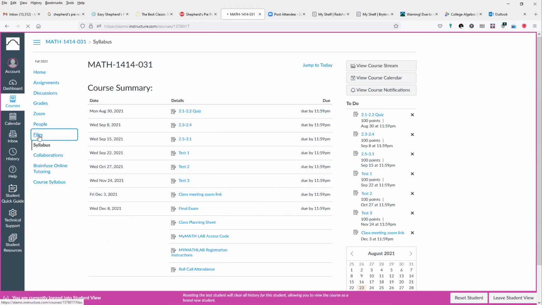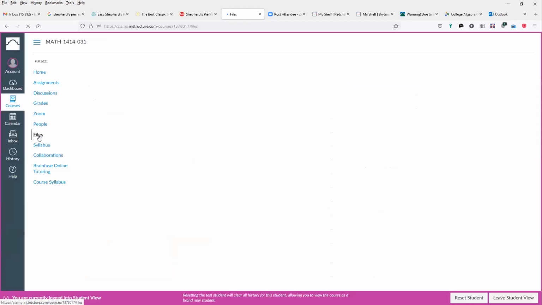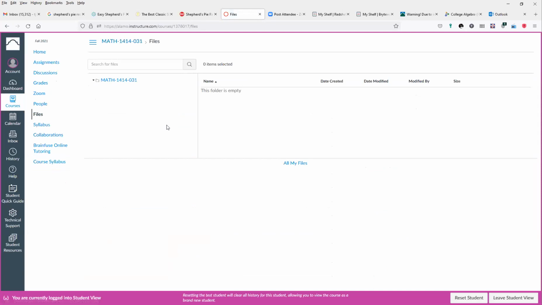Under files, I don't have anything in there yet. I don't think he put any, yeah. But in here is where I will post the reviews for the exams. I'll post any handouts I have for y'all. When we're doing graphing, I'll post some graph paper in there that you can either print up or whatever.